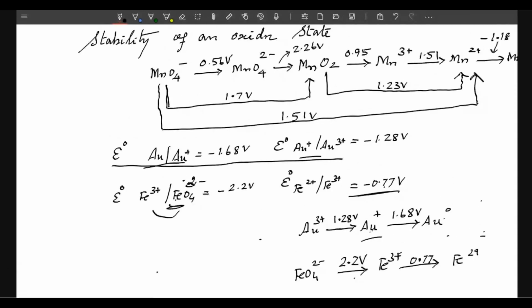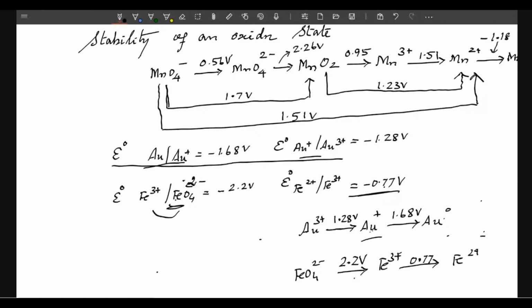The secret lies in the way you look at the reduction potential values of the Latimer diagram from left hand side to right hand side. Take the permanganate series: the highest oxidation state to the next one is 0.56 volt. Next, plus 6 to plus 2, the value is found to be 2.26 volt. The value is somewhat increased.